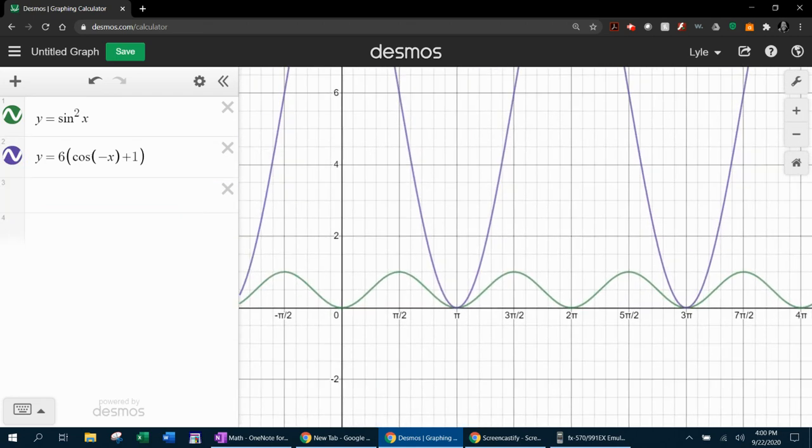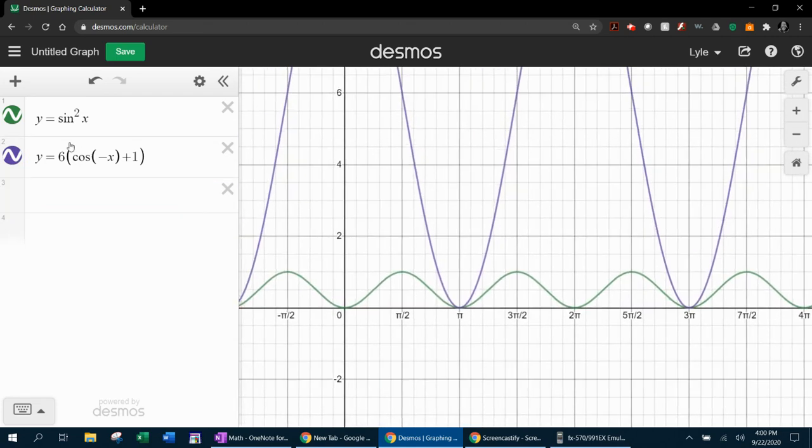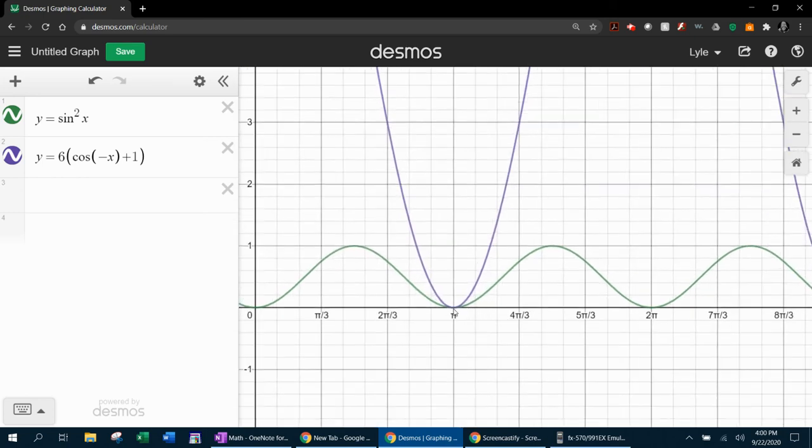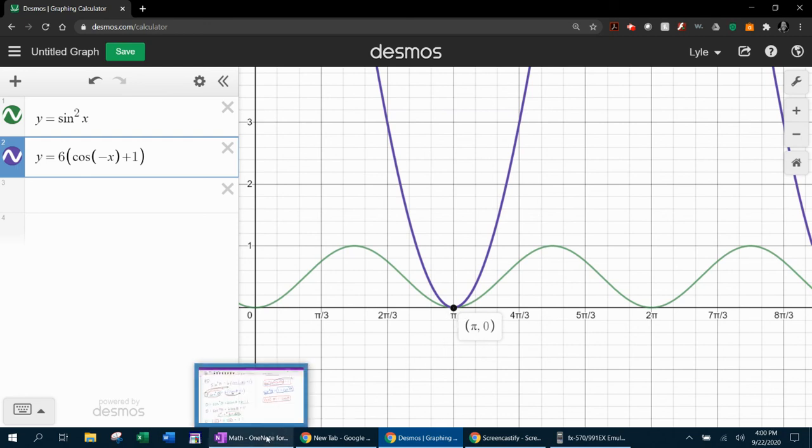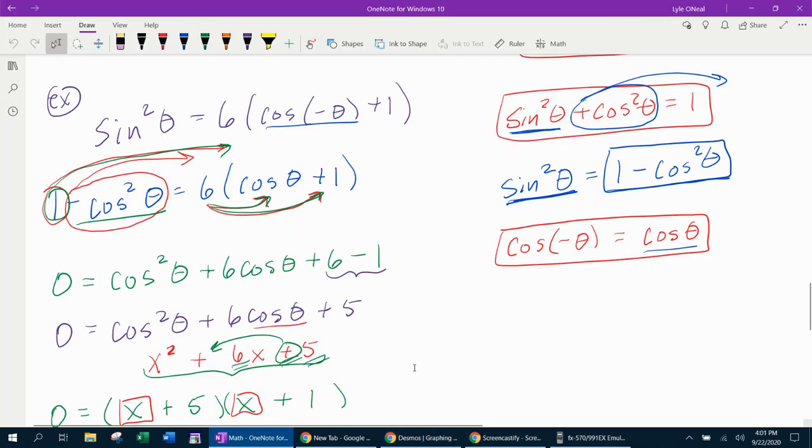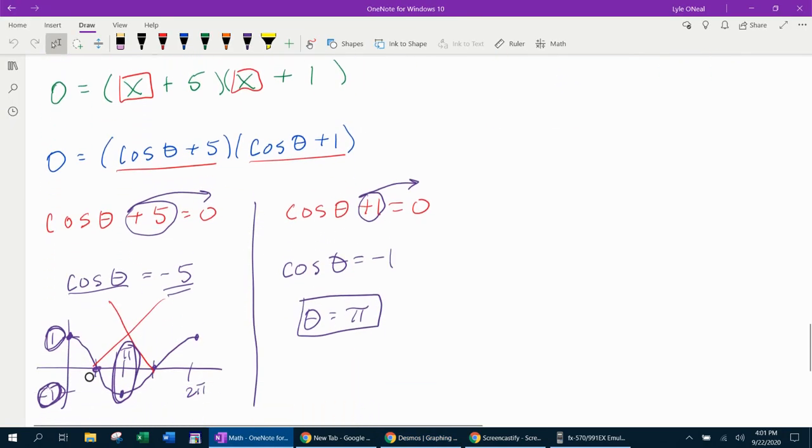And then if I bring this down and I look at where the green and the purple graphs intersect from 0 to 2 pi, do you see that the only place that the purple and green intersect from 0 to 2 pi is at pi? And so once again, DESMOS to the rescue to verify our manual labor.